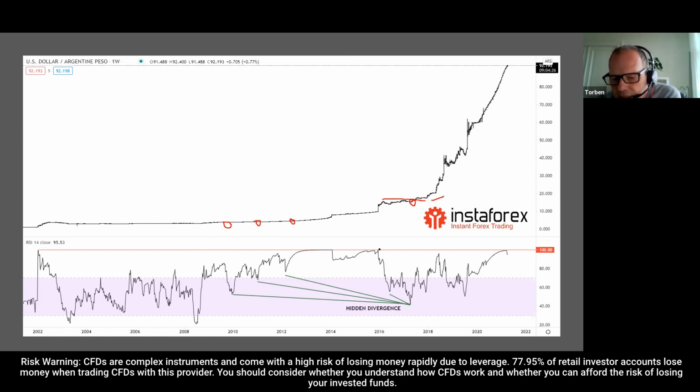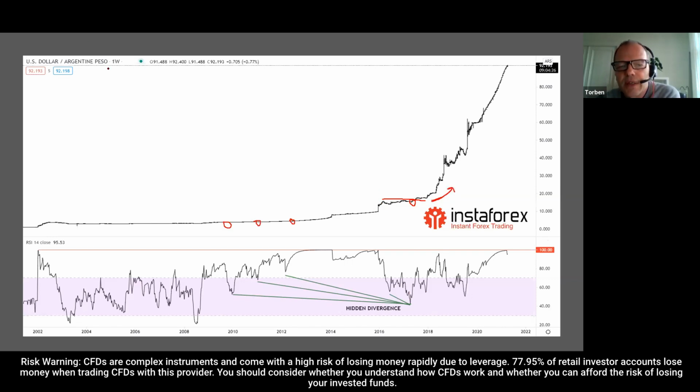And it hit 100, but at this point there wasn't any divergence saying that something was wrong with the upside move. So this is actually what we have just seen in the Turkish lira. The risk here is pretty high for this market to move strongly higher.